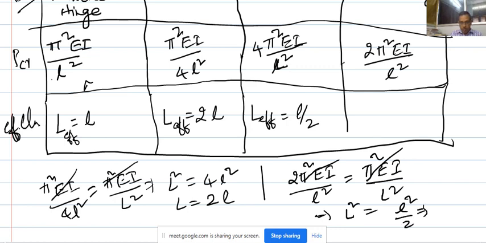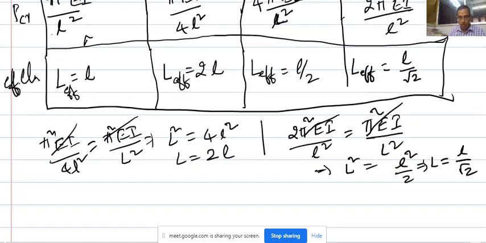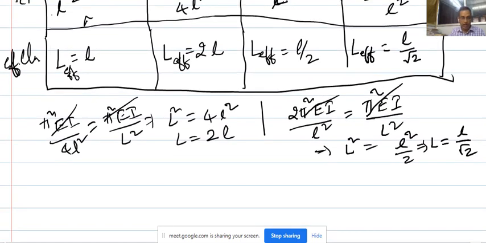That means capital L equals l by root 2. So L effective will be equal to small l by root 2. This is the effective length.